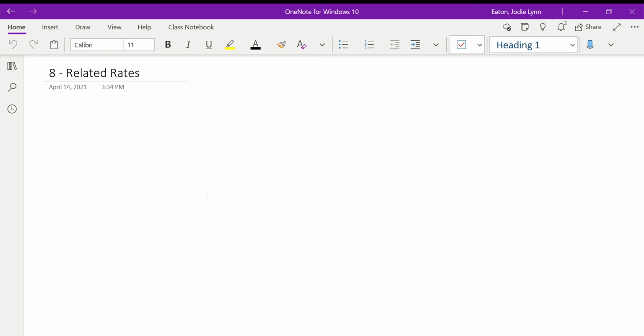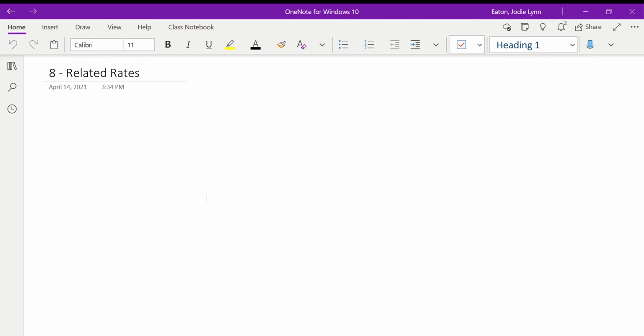Velocity, which we looked at in the last lesson, is one example of what we call a rate. And a rate in general can be defined as something that relates two different units, how one unit is changing in terms of the other unit. The most common rate that we're going to be looking at is time.